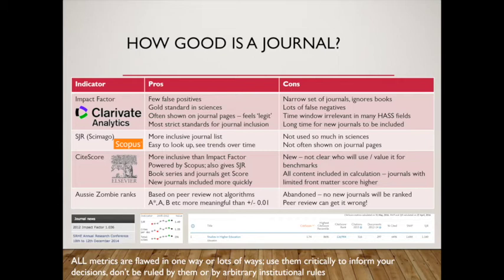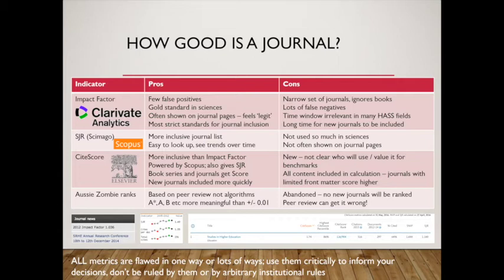There's a new one called CiteScore, just released in December 2016. This is again more inclusive than impact factor. It is also powered by Scopus. You get the SJR information when you also look at the CiteScore, so you might as well, I think, go to CiteScore directly. Book series can get a score as well as journals, and journals are included more quickly when they're launched on the CiteScore list, as long as they meet some basic quality criteria.